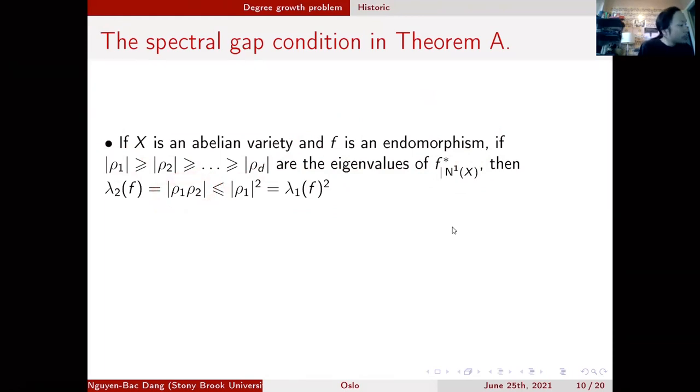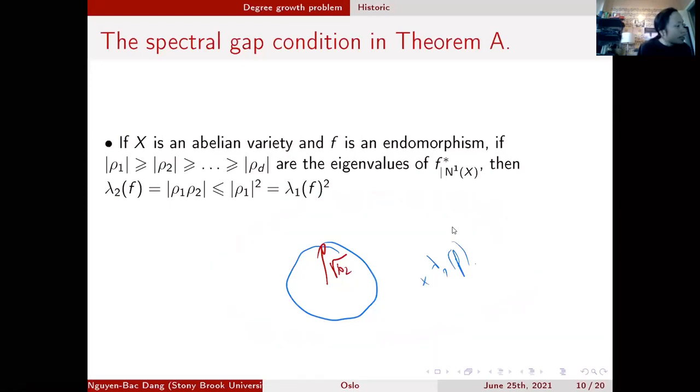So the condition lambda 1 square strictly bigger than lambda 2 is that the eigenvalue lambda 1 is here, and all the others are in the disk of radius square root of lambda 2. So you get this condition, and it's a picture that I want you to remember.